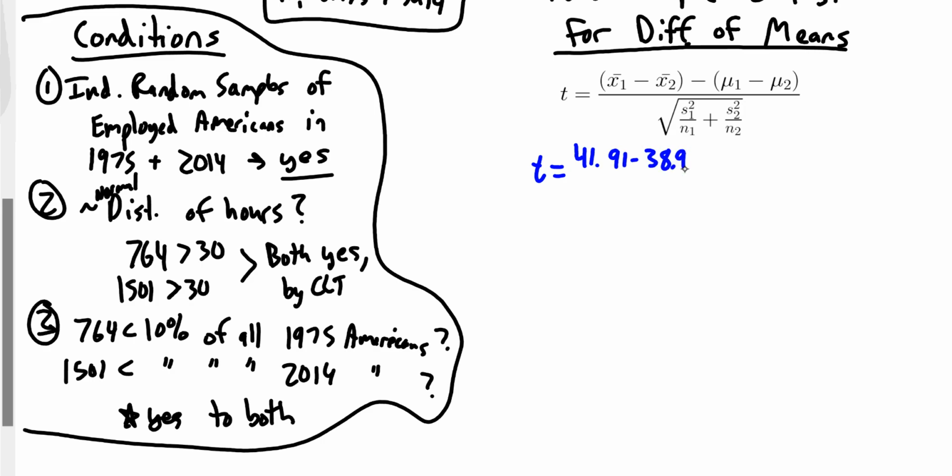The order doesn't matter as long as you're consistent throughout. I'm going to do that order just so that I have a positive value here. Subtract the difference in the means; we're assuming that there's no difference, so that's almost always 0.